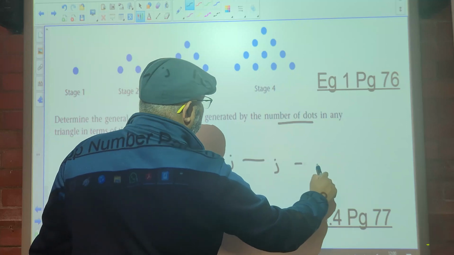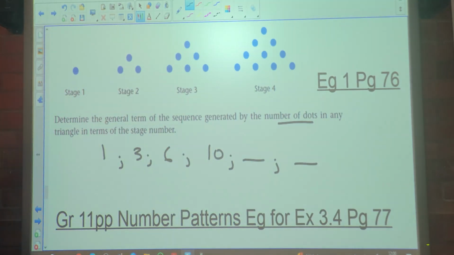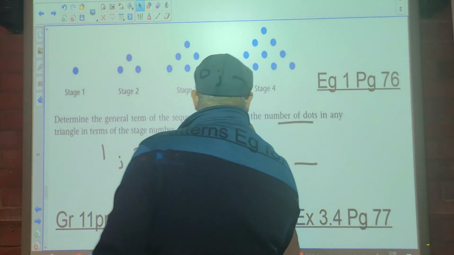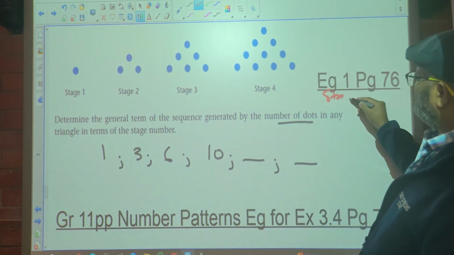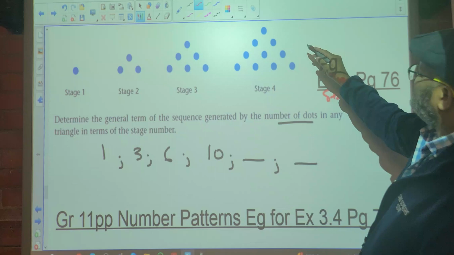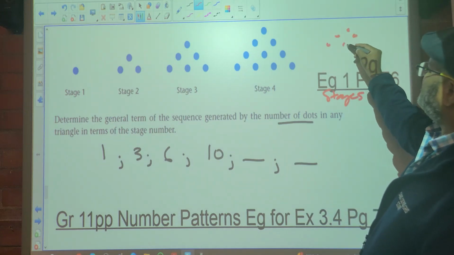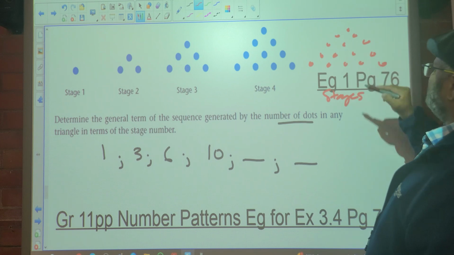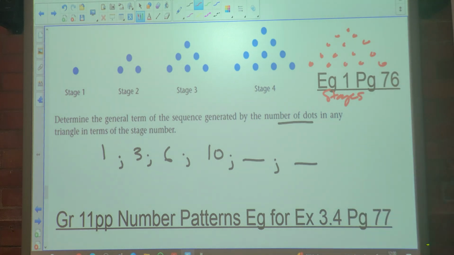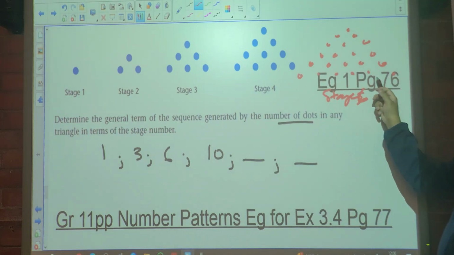What if the question is to draw the next sequence? How many dots will there be for stage 5? You'll have 1, 2, 3, 4, so it's going to be 1, 2, 3, 4, 5. So let's just draw that. If you say stage 6, then I'm just going to have an additional row. Stage 7, additional row.